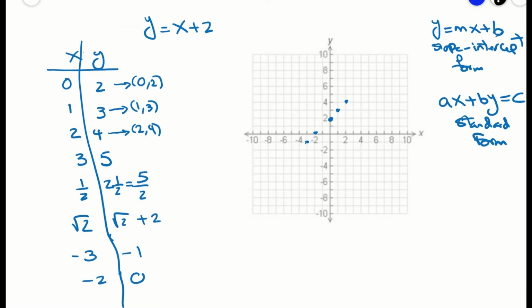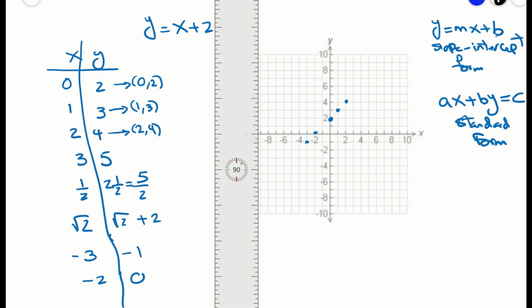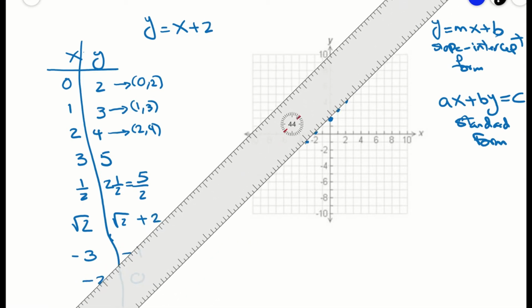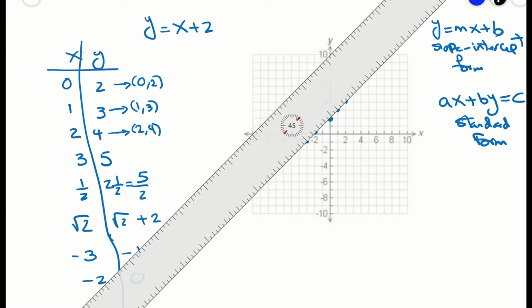If we draw the straight line that clearly goes through those points, we will see the linear function that would be represented here.